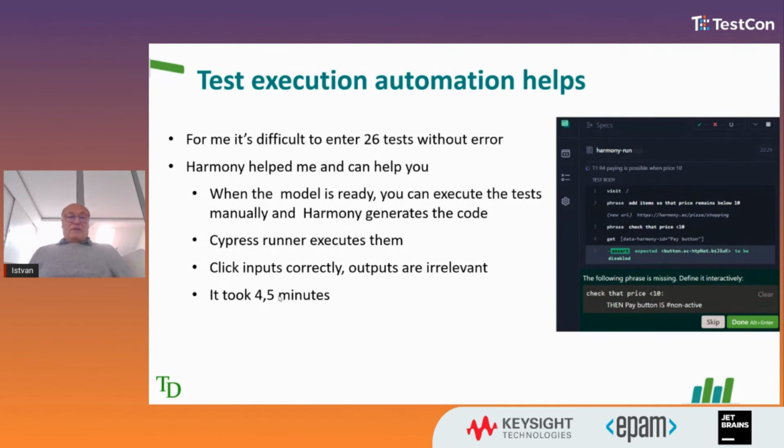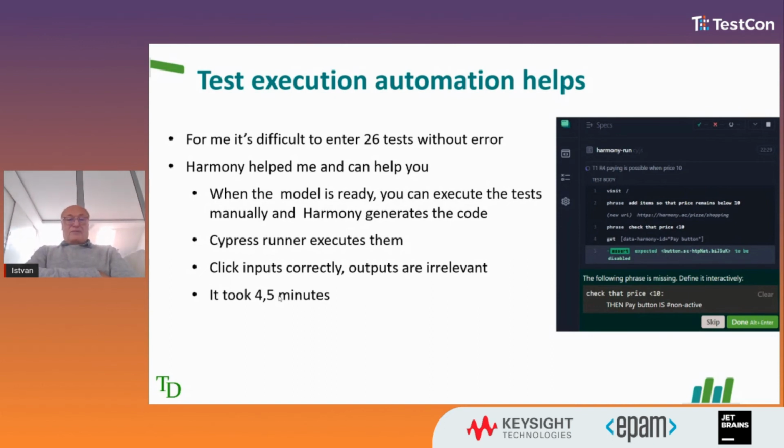And because, as I mentioned, I'm a little bit lazy, and for me it's difficult to enter 26 tests without error, I automated them before executing. We use Cypress Runner, and Cypress Runner executes them.